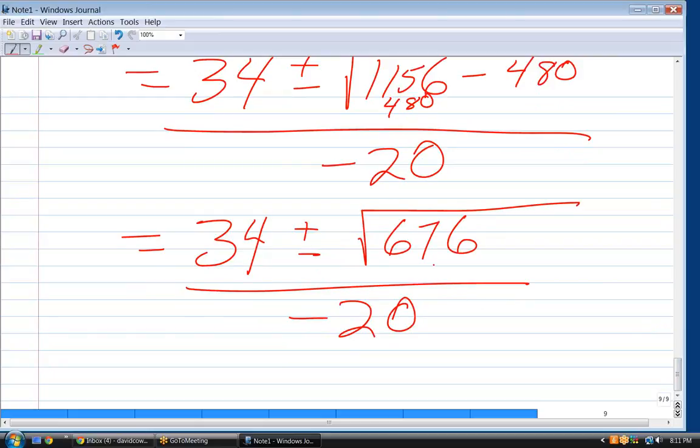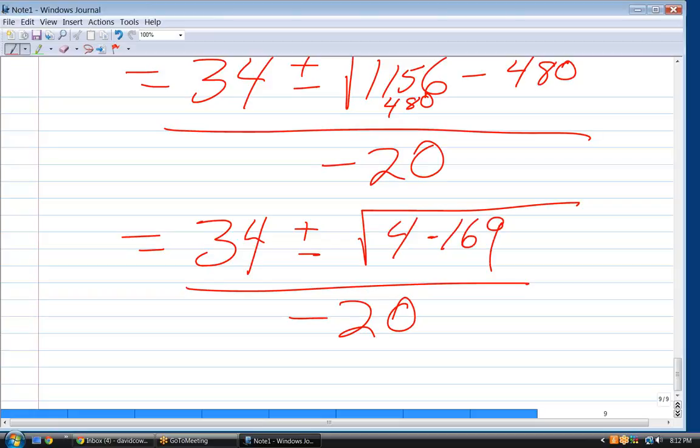I happen to know that this number is divisible by 4. Why? Because 76 is divisible by 4. Exactly. So I can rewrite this as 4 times, let's see, 4 goes into there 150 plus 4 goes into this 19 times, so that's 169. So that is 4 times 169.